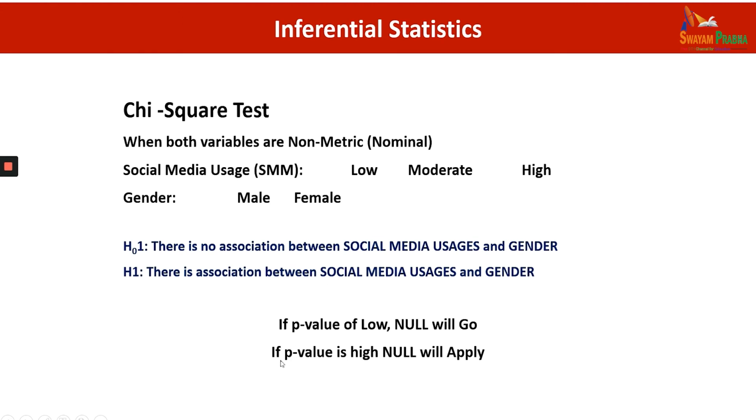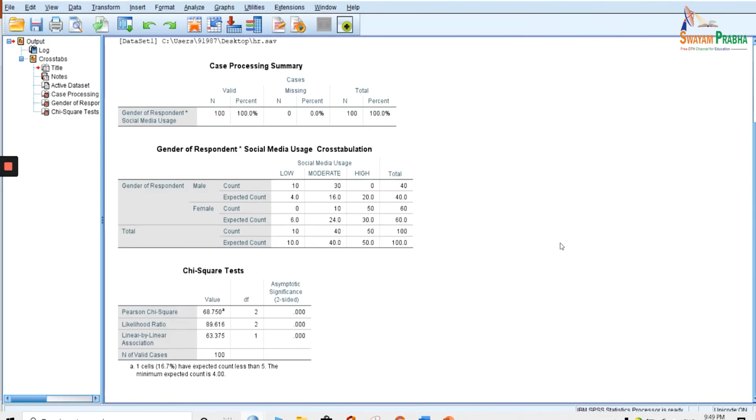And similarly, if p-value is high, our null will apply. It means if p-value is more than 0.05, then our null will apply. In that case, we will fail to reject the null hypothesis. Now let us go back to our output.